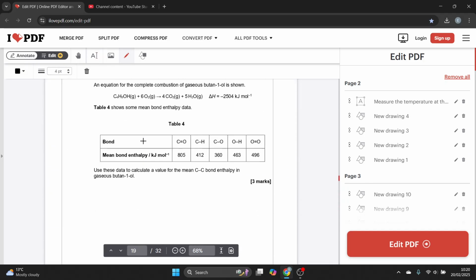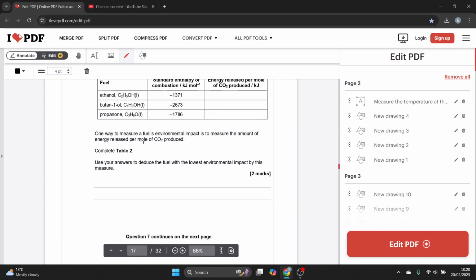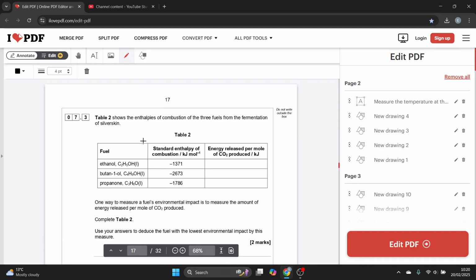Okay, only a couple of questions left. Energy release per mole of carbon dioxide produced.